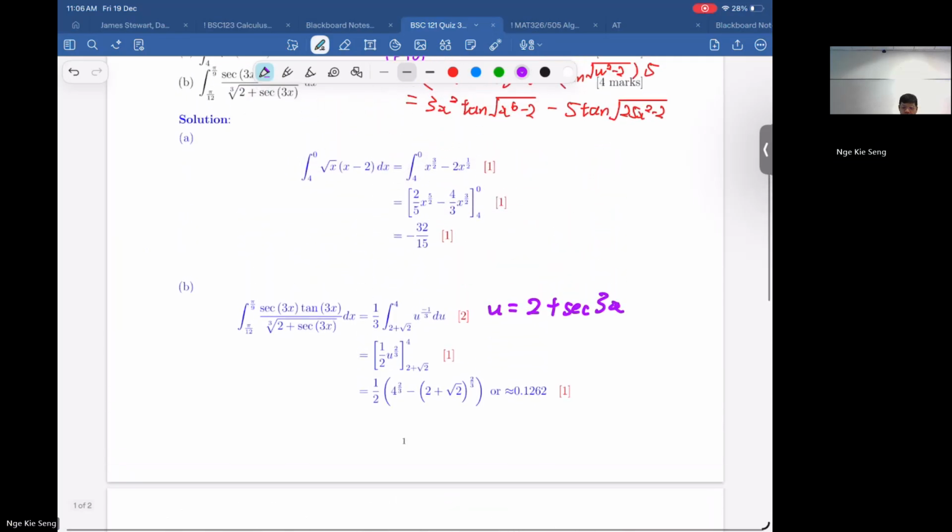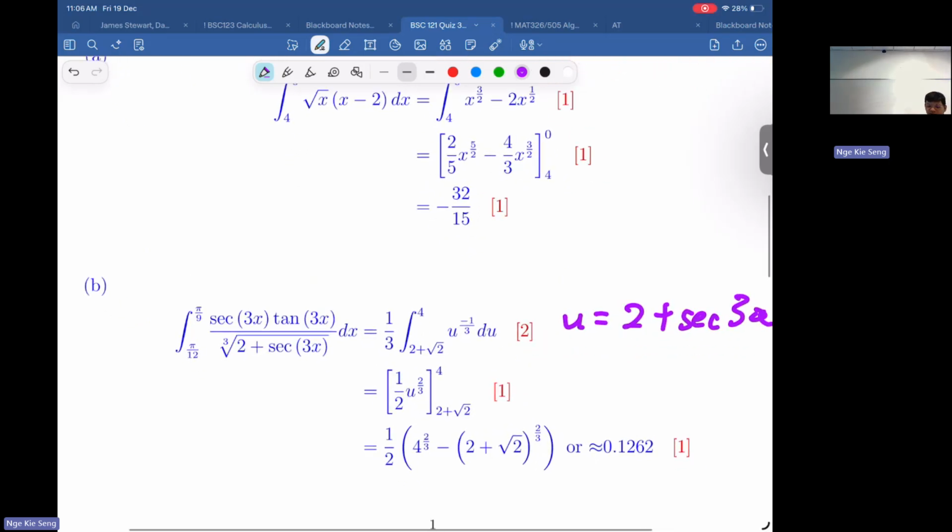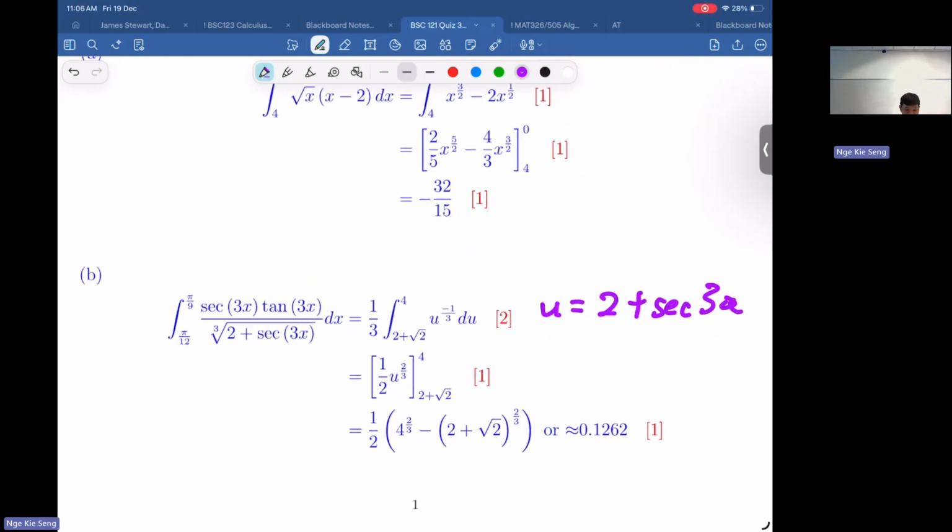There's one thing I want to remind you: after you do substitution, make sure you change your integration limits as well. Some of you just used the same ones. Then wrong. Or you changed one of them but didn't change the other. Kind of weird. You forgot.